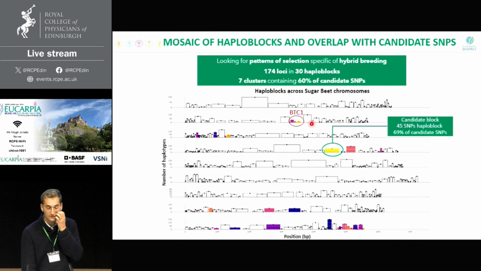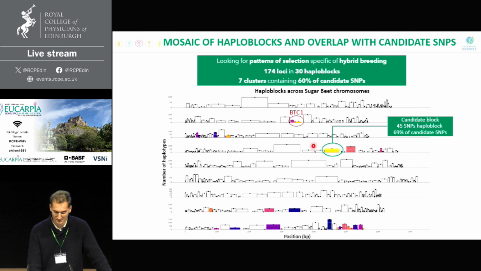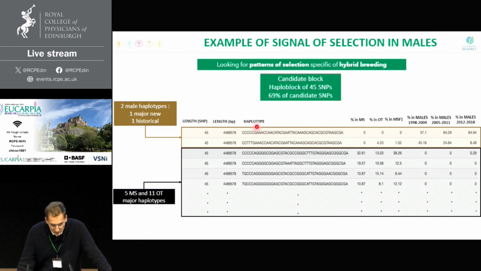Just looking, for example, at this haploblock here, which carries 45 SNPs and has very, very high FST, very, very high differentiation between heterotic pools. Here, if we look at haplotypes and how they are distributed among pools, we can clearly see that the first 2 haplotypes are the ones that are carried by the males.